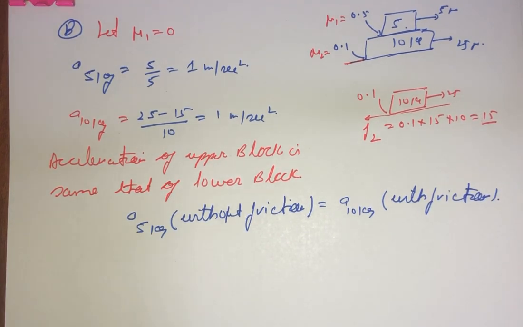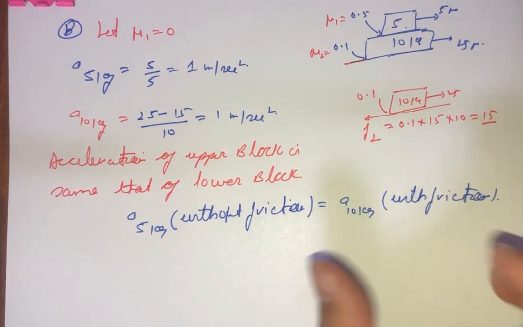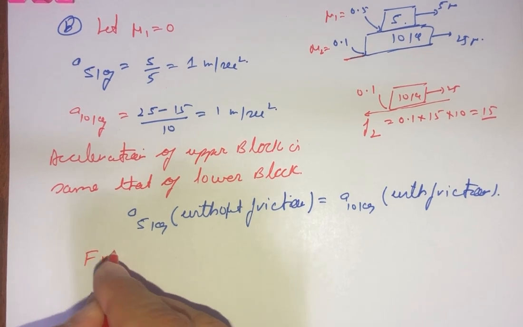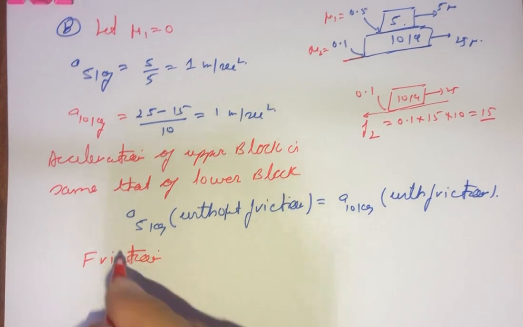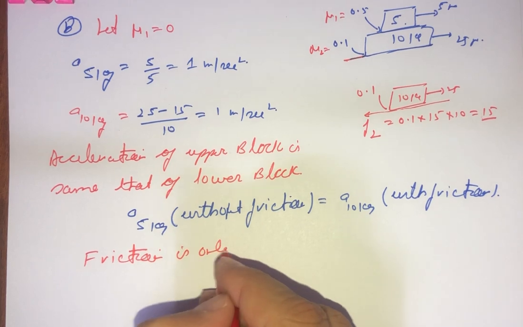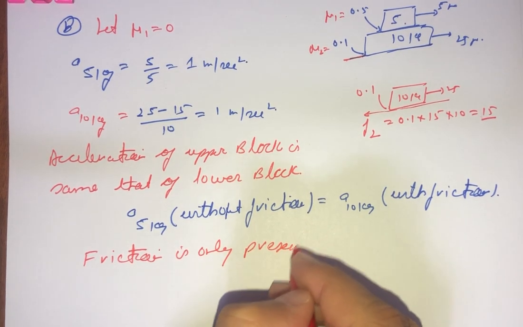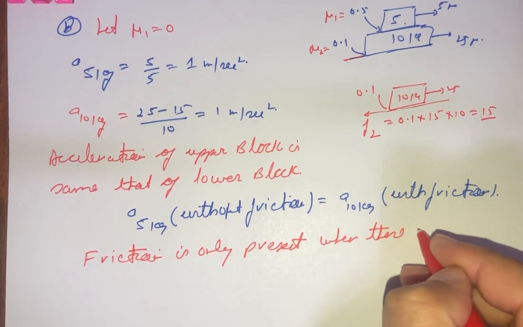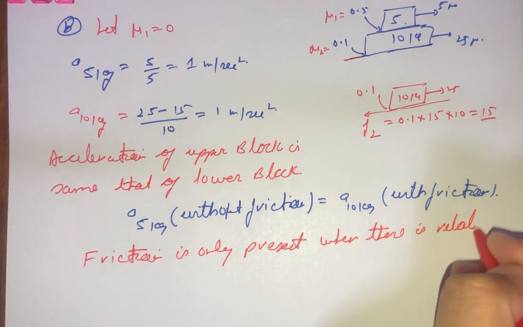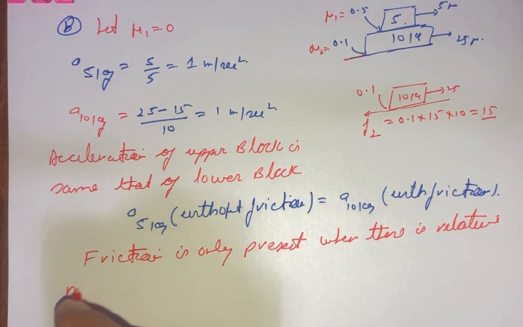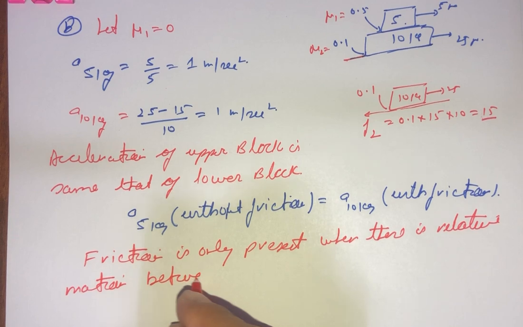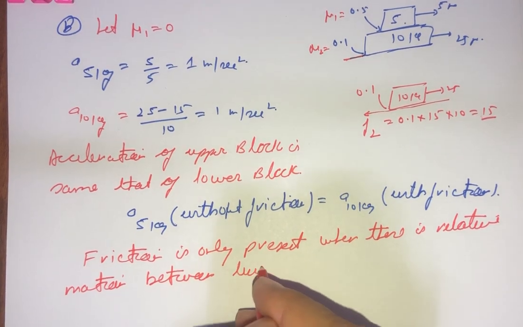And the important thing is that friction only takes place when there is a relative motion between the two bodies. So we can say that friction is only present when there is a relative motion between two bodies.